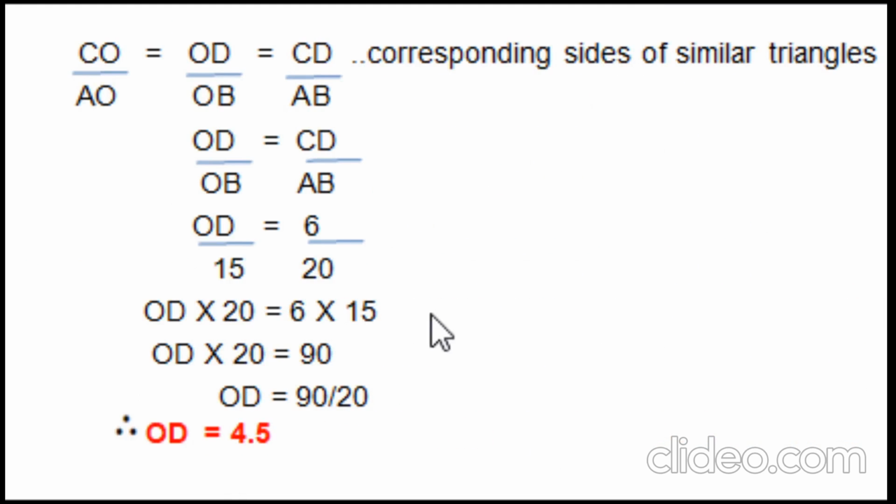Then we are taking the ratios of these two similar triangles. CO upon AO is equal to OB upon OD. OD upon OB is equal to CD upon AB. Put values. OD we have to find out. OB is 15, CD is 6, and AB is 20. Cross multiply, we get OD into 20 is equal to 6 into 15, that is 90. OD is equal to 90 divided by 20, and we get OD as 4.5.